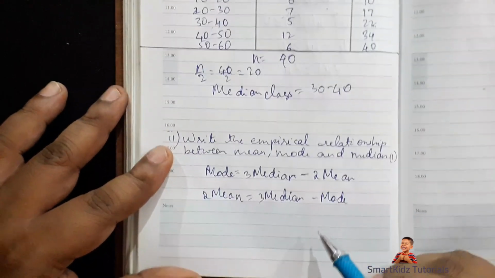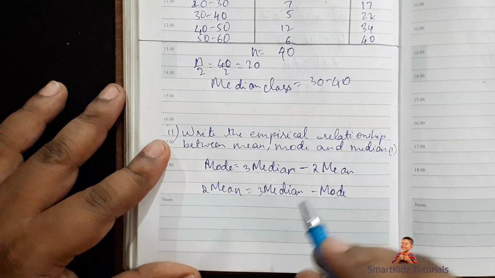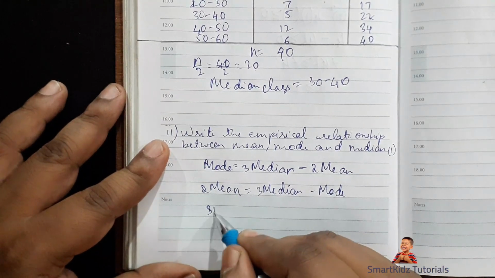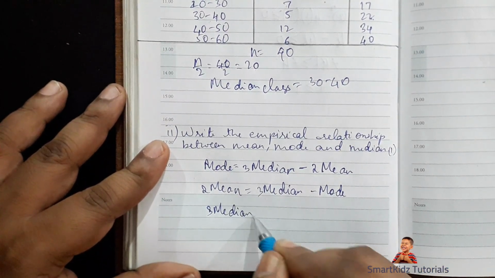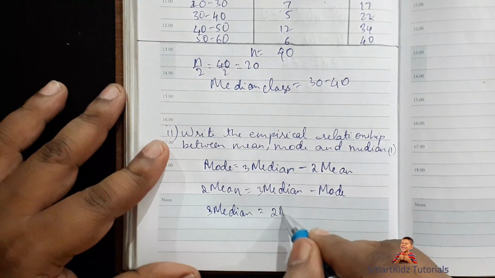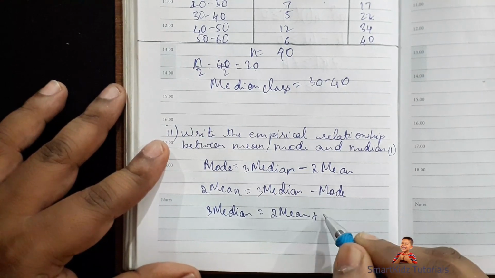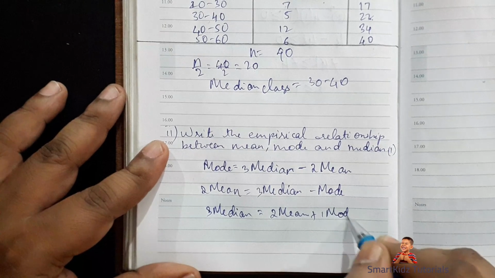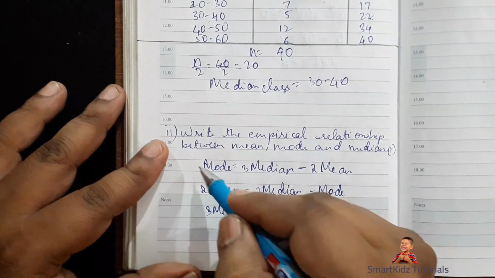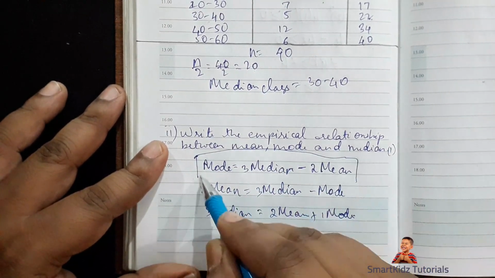Or you can even write it in terms of the median. In terms of median, it will be 3 times median equal to 2 times mean plus 1 time mode. Anything is accepted. This is the main one, the empirical relationship.